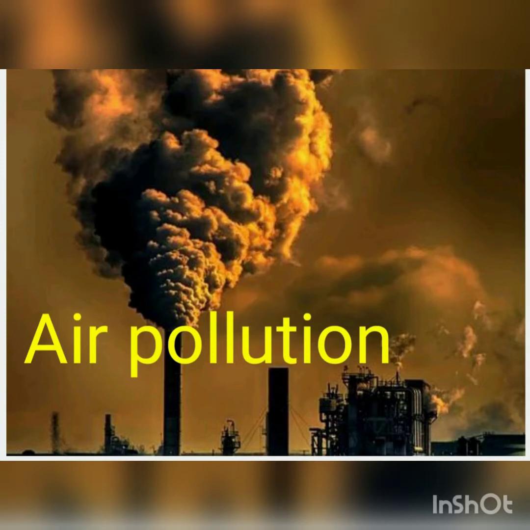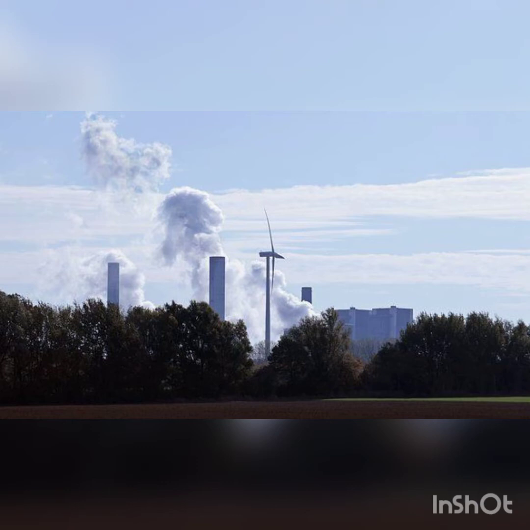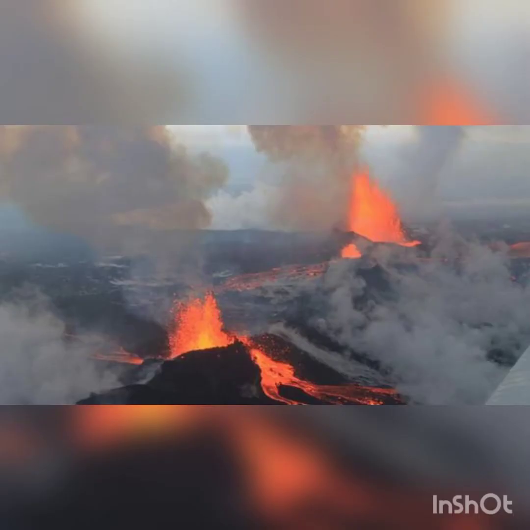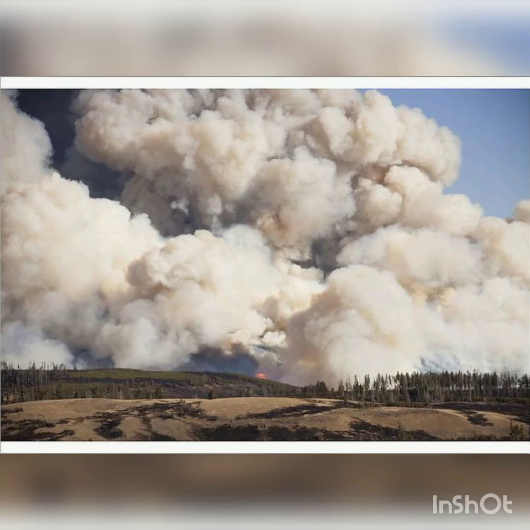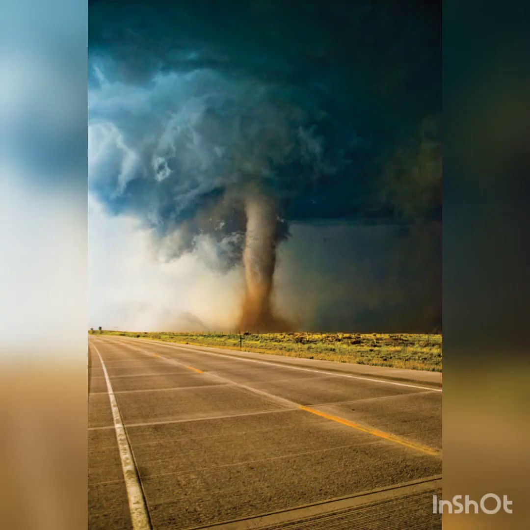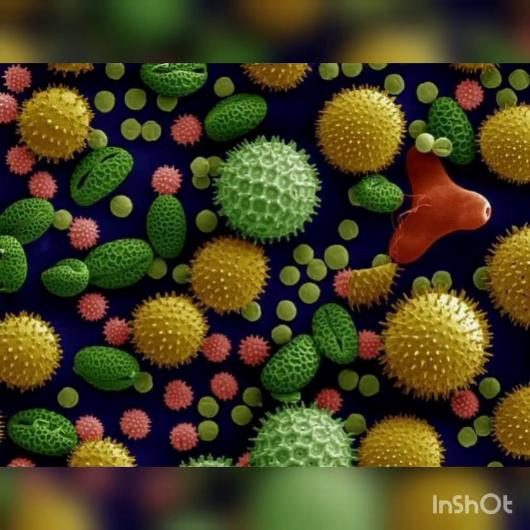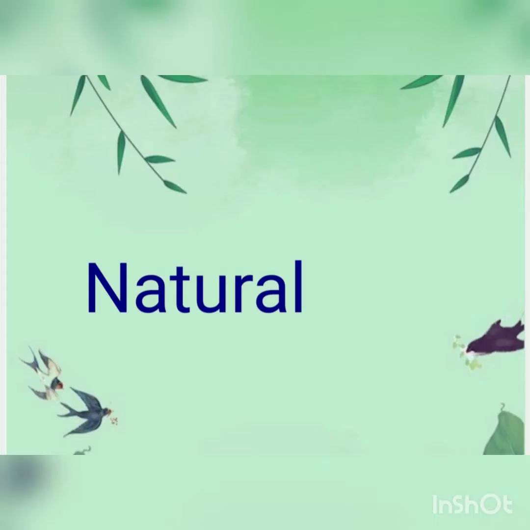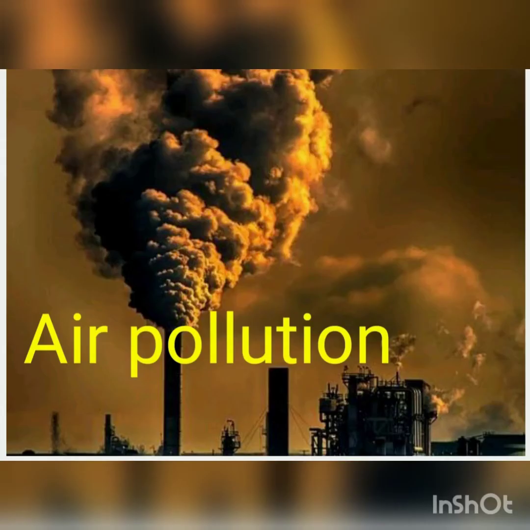So now let's see the first type of pollution, that is air pollution. So what is air pollution or how is it caused? Air pollution is caused by the introduction of harmful gases and particles in the air. Volcanic gases, fumes from forest fires, sandstorms, pollen, and ash are some of the natural air pollutants.